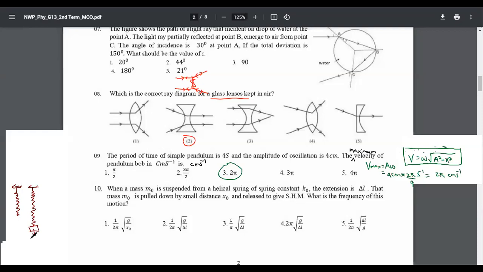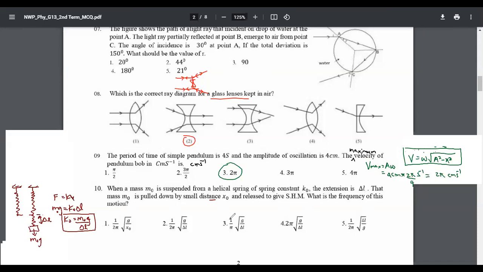The weight force is m0 g, and the extension is delta L. F equals kx, so m0 g equals k0 delta L. K0 is going to be equal to m0 g over delta L. They have given this, so let's keep it as a separate thing. We might need it later. That mass m0 is pulled down by a small distance delta x0, and released to give simple harmonic motion.